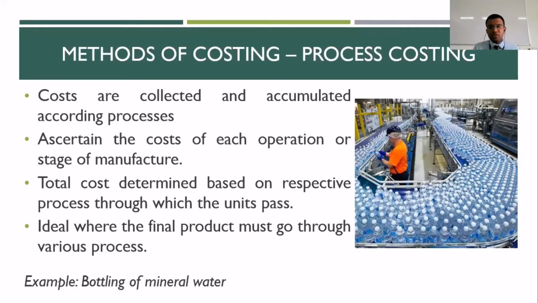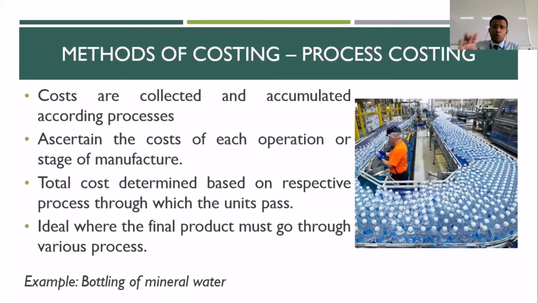So here, for your product to reach its final condition, its final stage, it may have to go through a number of activities, a number of stages. You may end up determining the cost with a specific stage, with a specific activity. Such a method is called process costing.